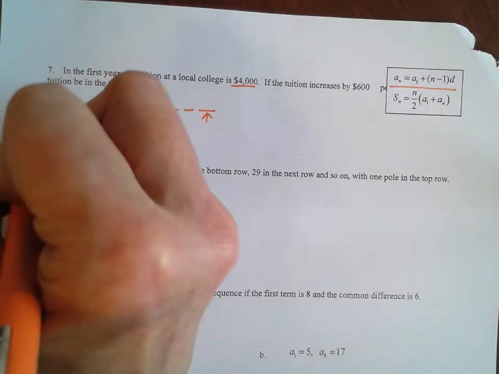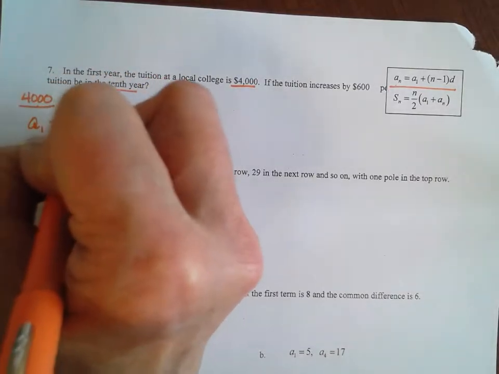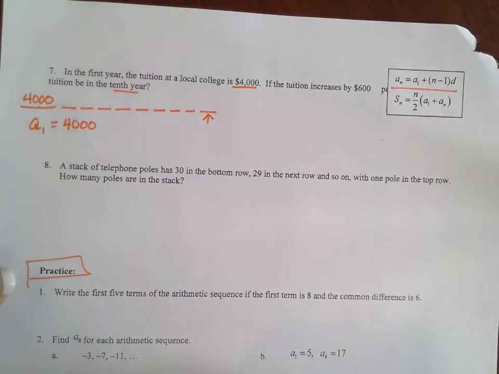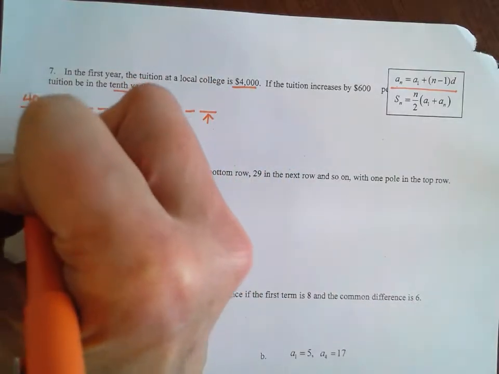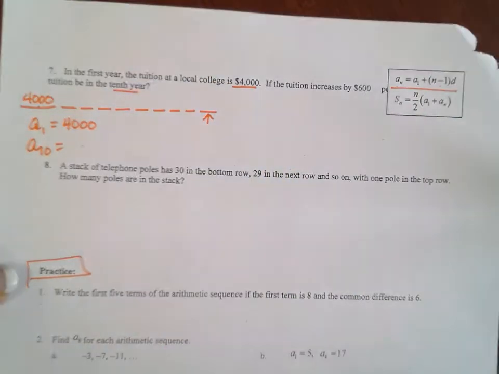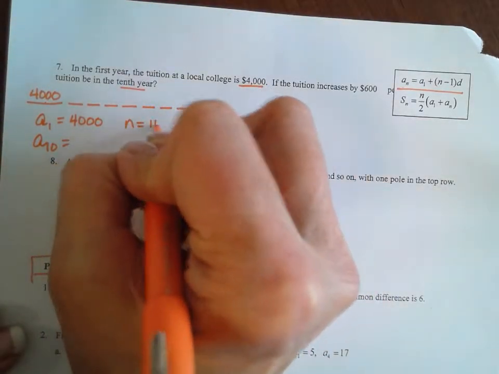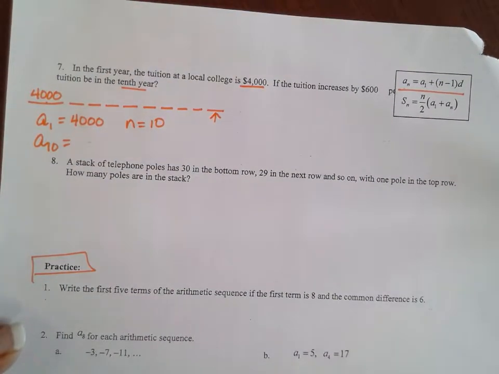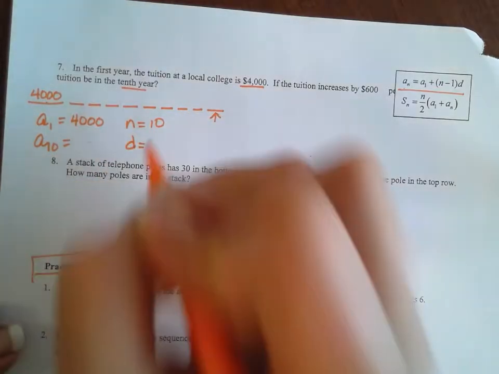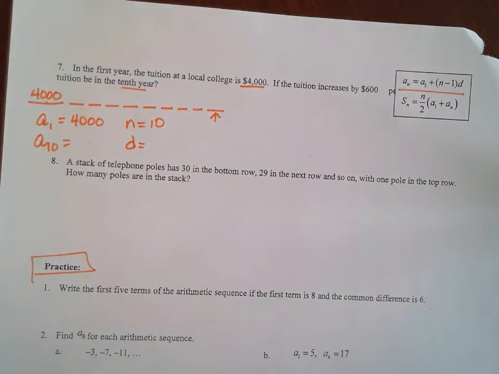So, because my first position is 4,000, I'm going to look for the 10th term. So I know my n is 10. And what's my common difference going to be? What is it increasing every year?